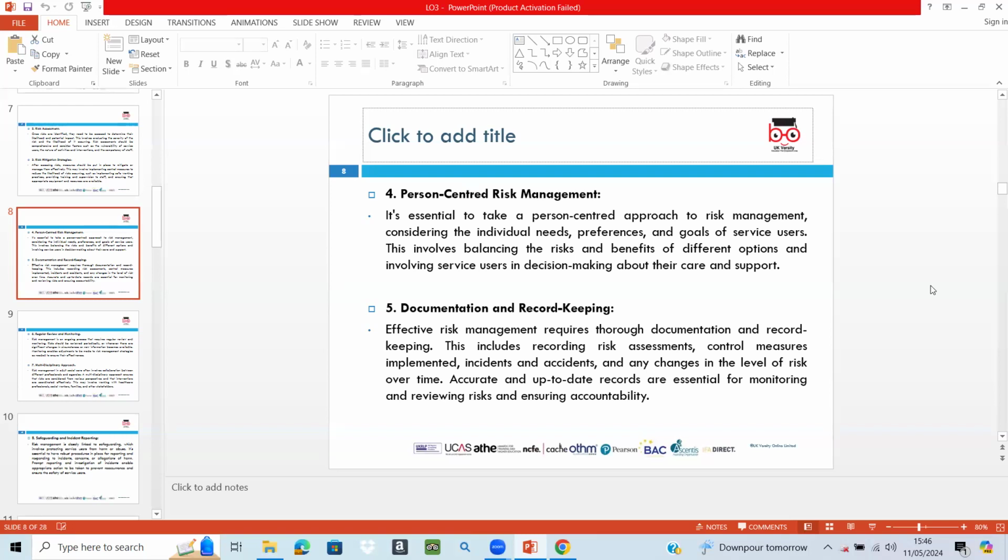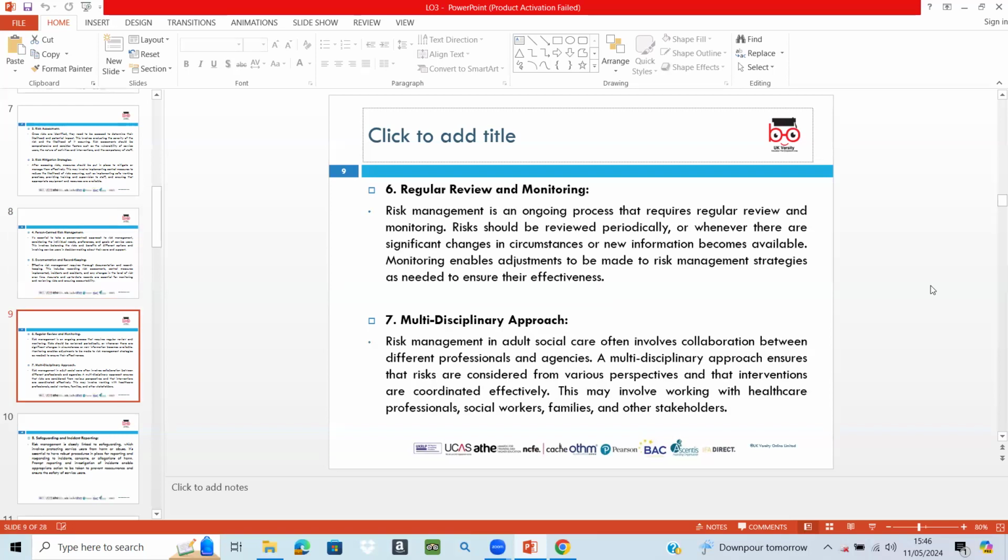So now we move to the next slide. Now we have regular review and monitoring and multidisciplinary approach.